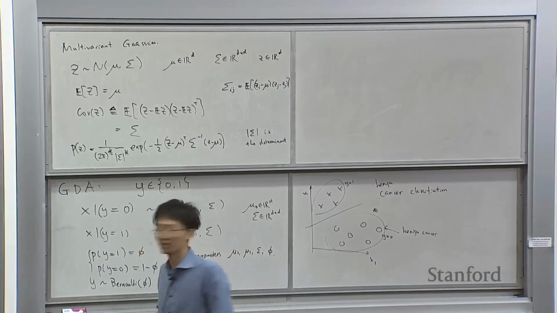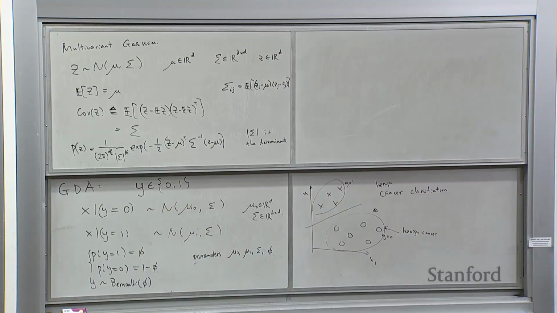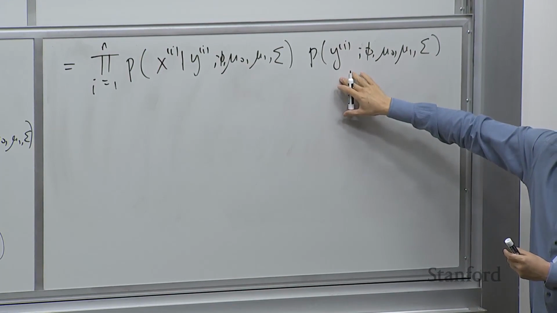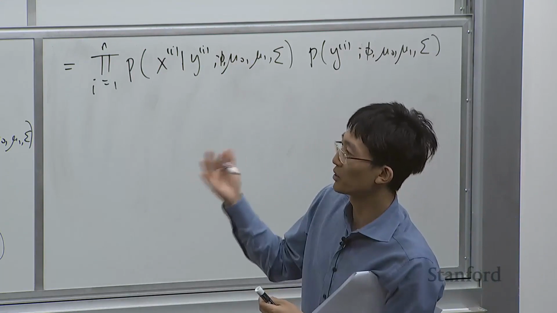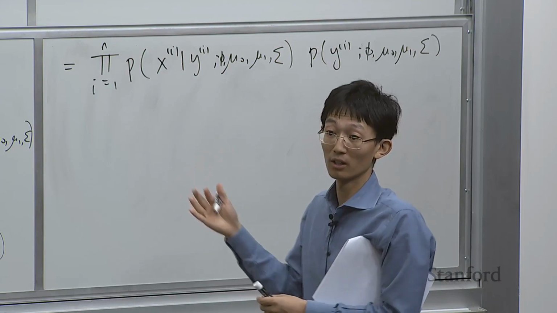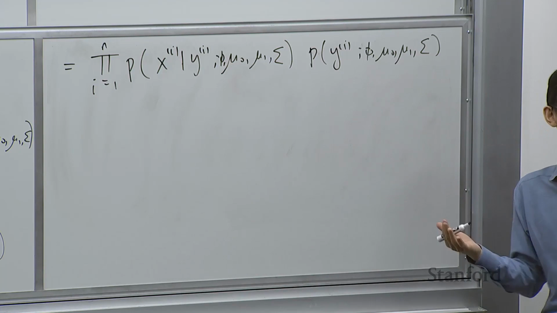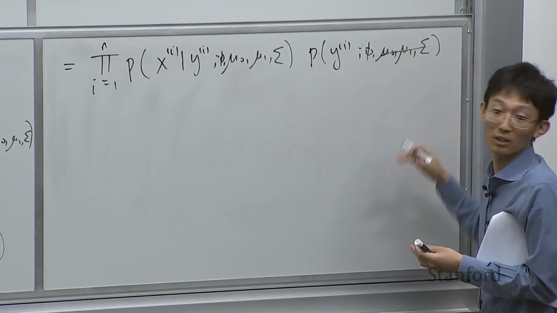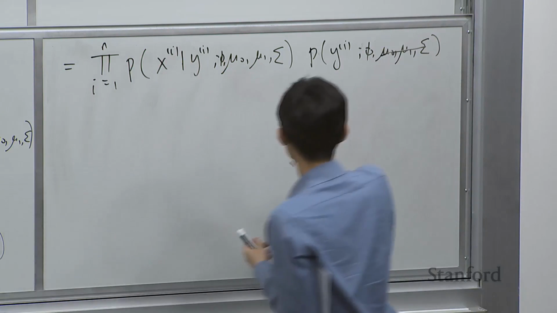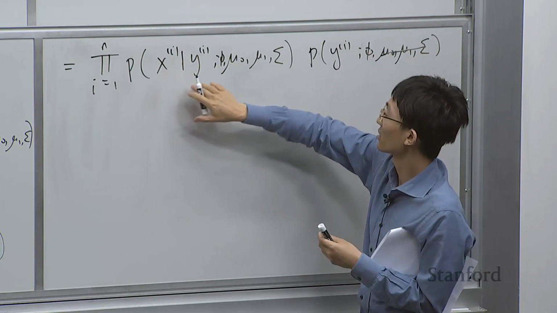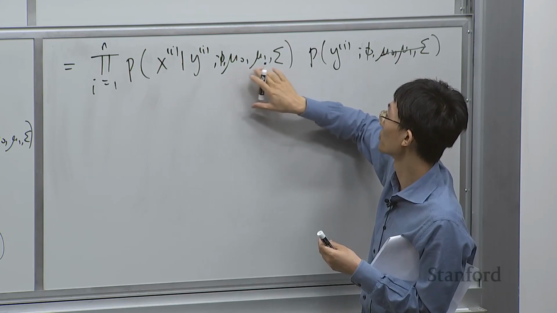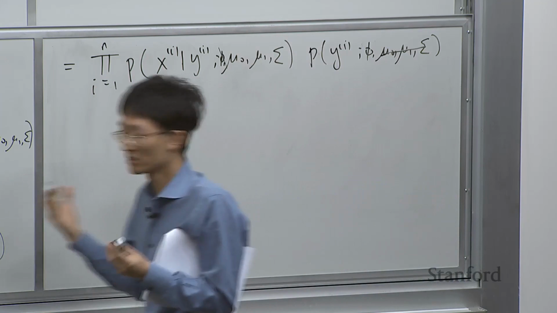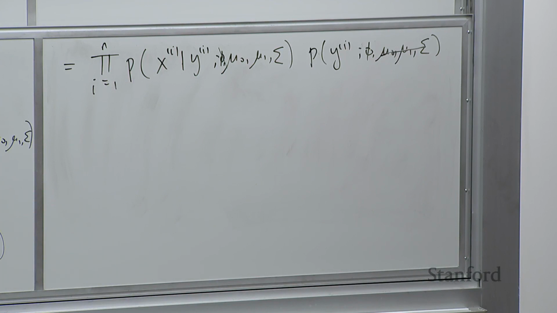Here you can have some simplification because the distribution of y only depends on phi. The mu0, mu1, and sigma are describing the conditional probability. So y only depends on phi, so you don't have to write these here, because there are no such dependencies. And the same thing, xi conditioned on yi only depends on mu0, mu1, sigma. It doesn't depend on phi, so you don't have to necessarily write phi here. Even though you write it, it's the same.